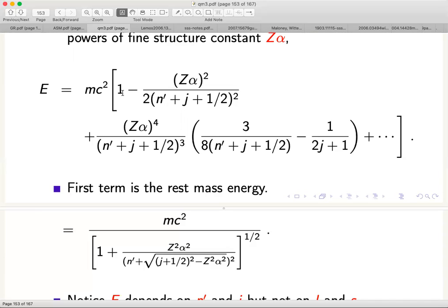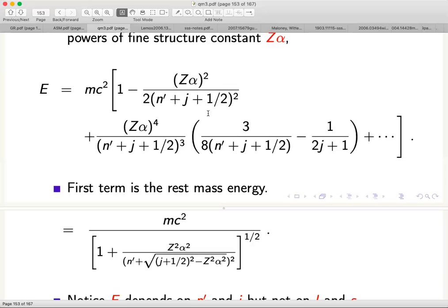In the non-relativistic problem, you don't have this factor 1 because you just subtract out the rest energy piece. For example, the Hamiltonian itself starts with p squared upon 2m, and the rest energy piece is not there at all to start with. So you get the correct sign to start with, a bound state spectrum. It does go as Z squared e to the 4, because alpha itself is proportional to e squared. So that's how it goes.